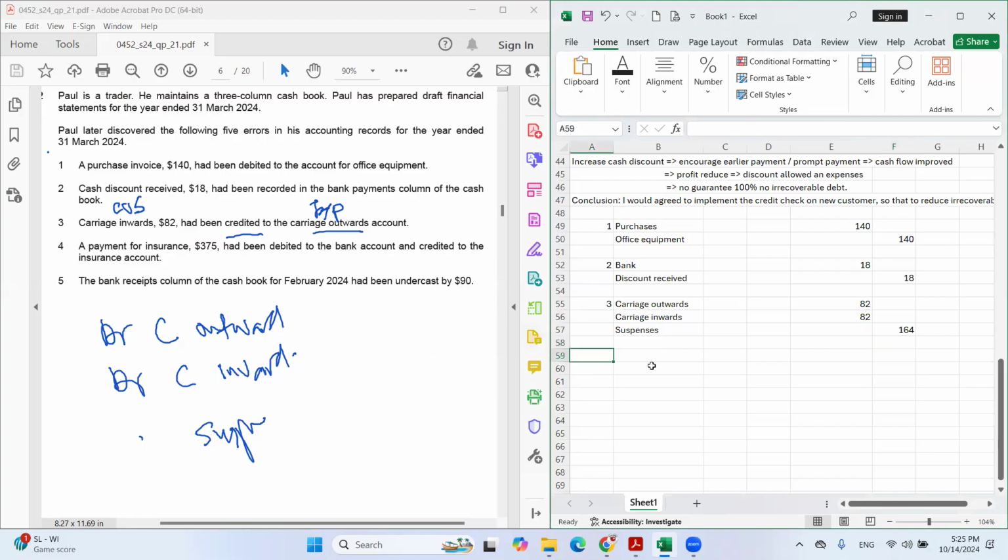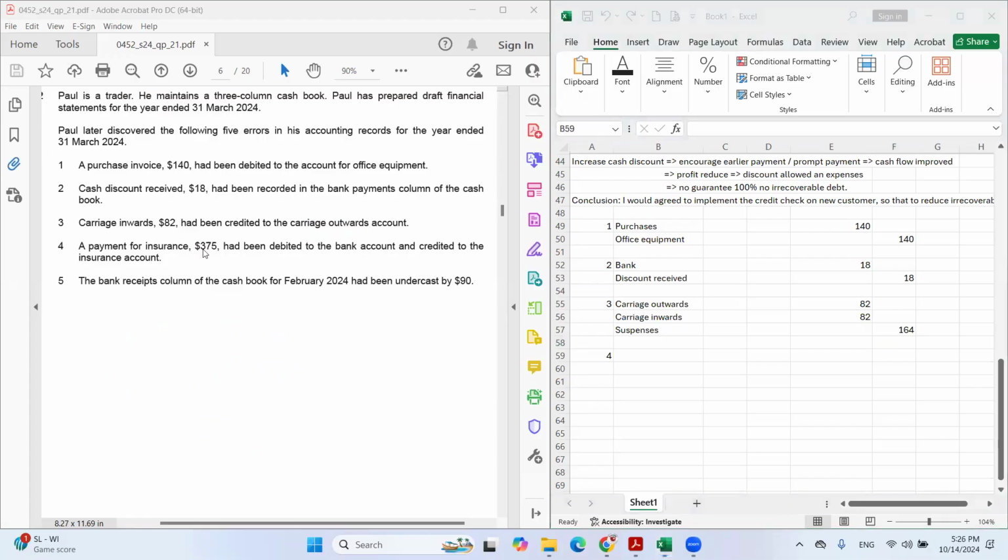So number 4, by right, when we make payment, insurance should be debit, bank should be credit. But now it has been debited to the bank and credited to insurance. This is a wrong side.